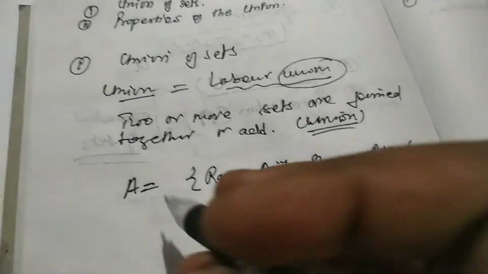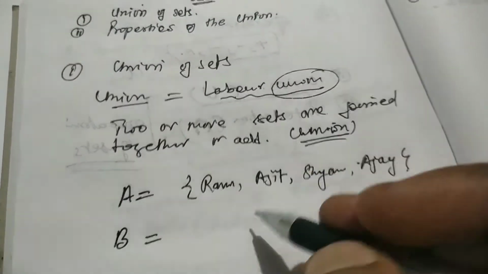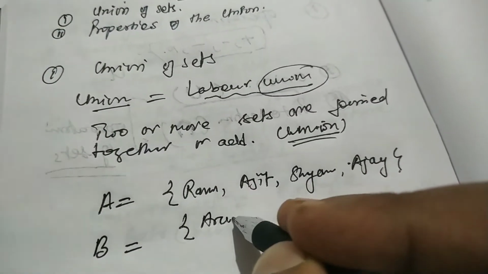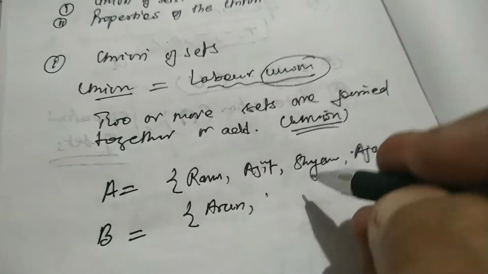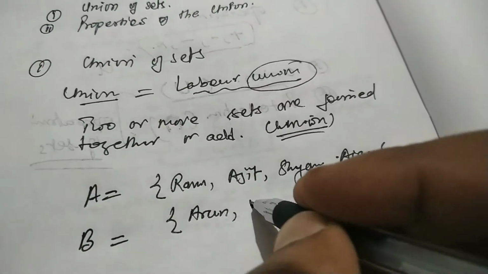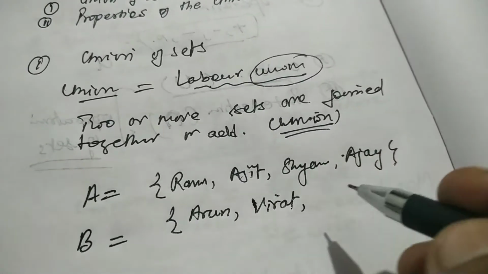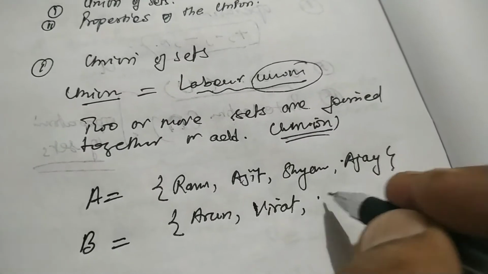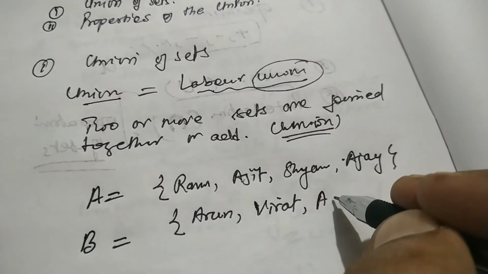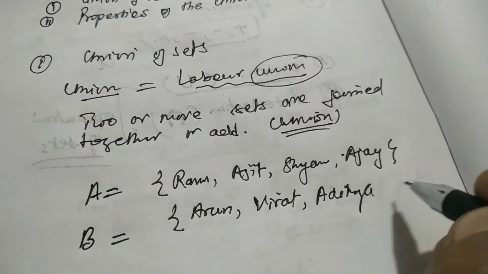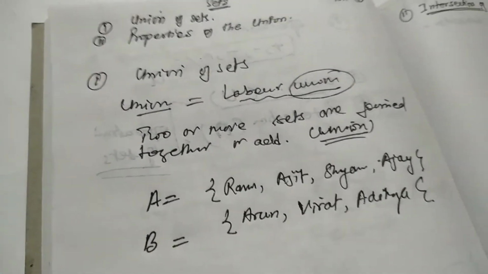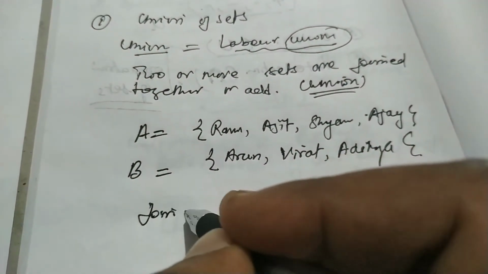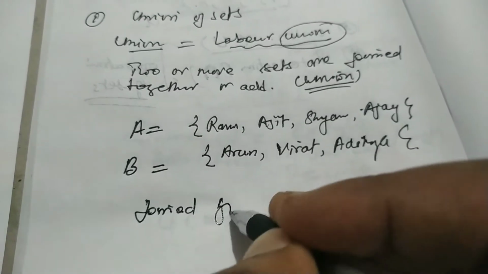And we have another group B. This has Arun, Virat and Aditya.